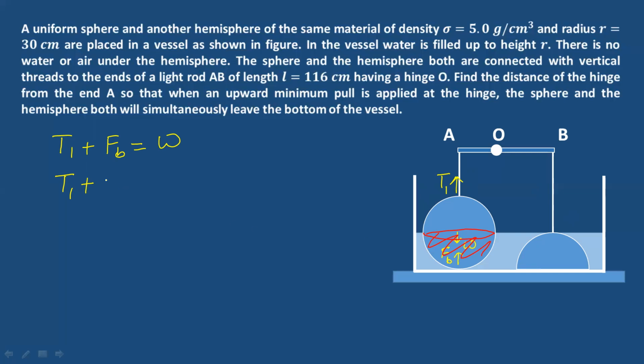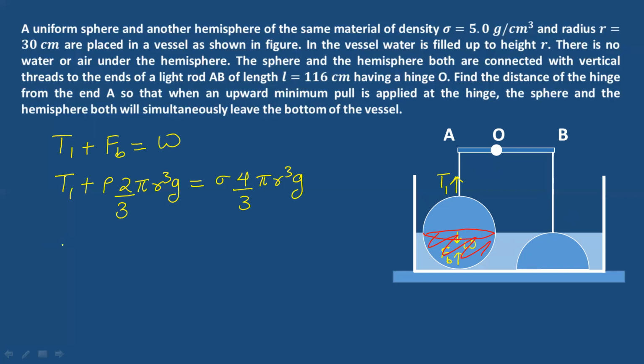That would be the density of the liquid, let's call the density rho, times half of the sphere, that is 2 by 3 pi r cube, times g. That is your buoyancy. And what's the weight of the sphere? That is sigma times the volume of the sphere, that is 4 by 3 pi r cube, times g, right?